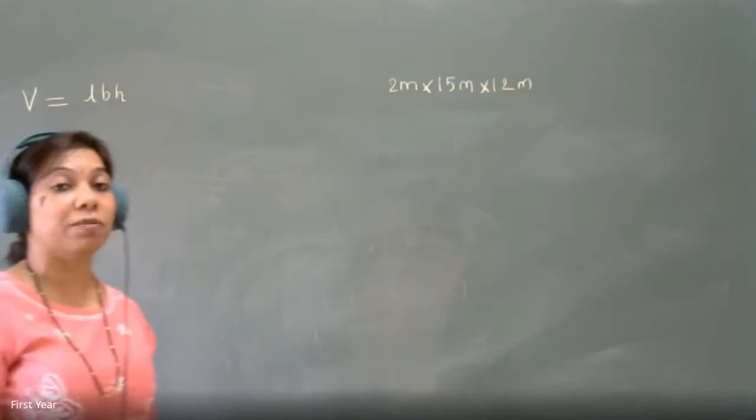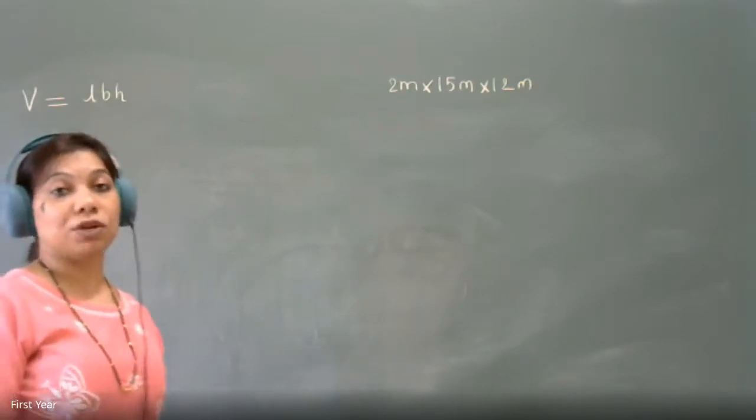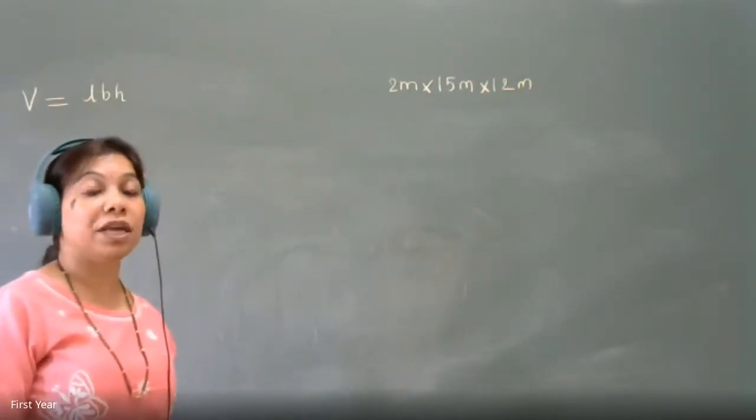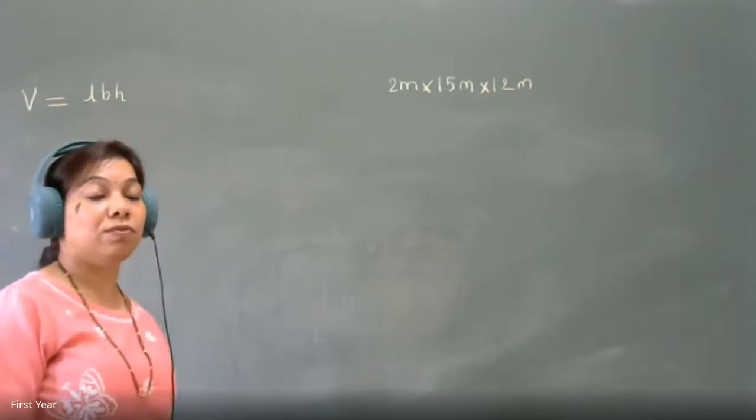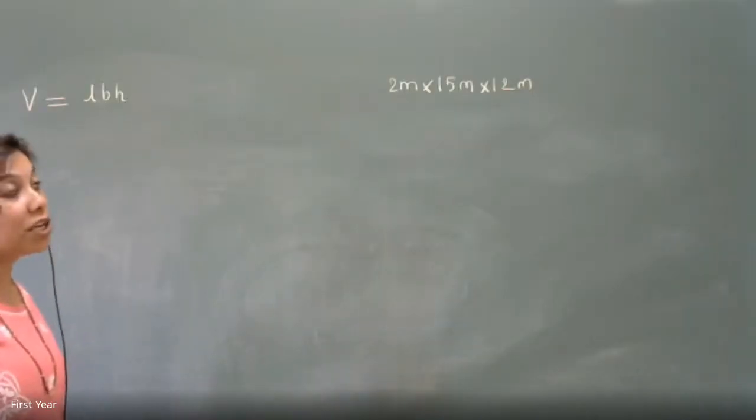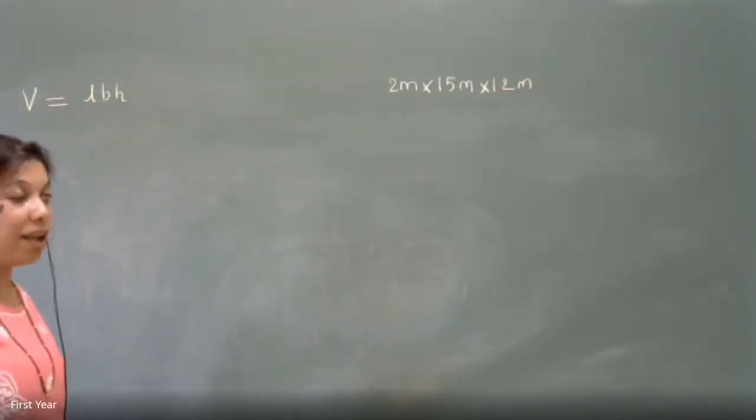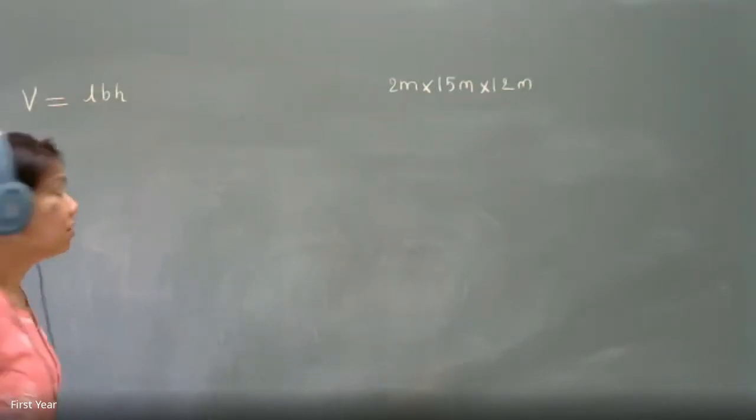Now read the question and tell me what is changing. If you want to find the error, there should be some error in calculating one of the variables or all three. Read the question and tell me in which variable there is a problem. Height, there is 1% increase. Are you understanding that it is changed only in height?